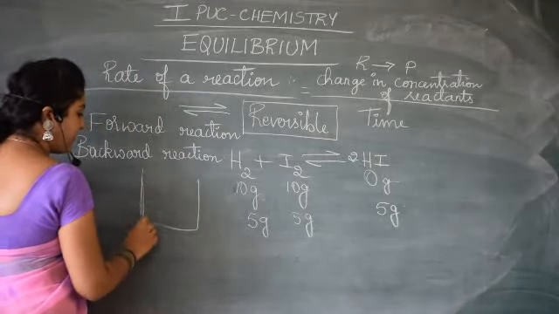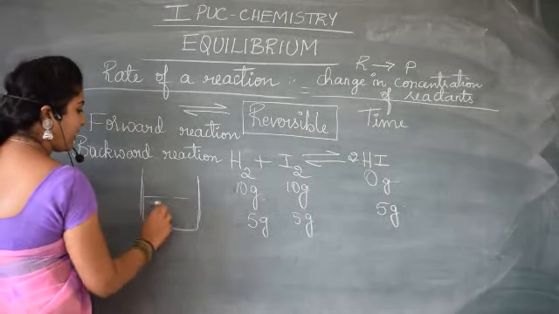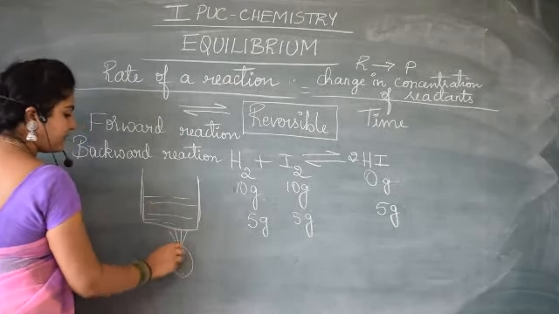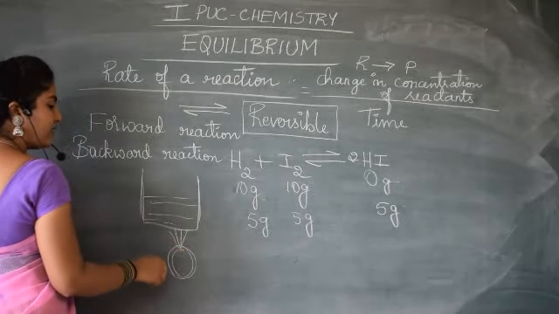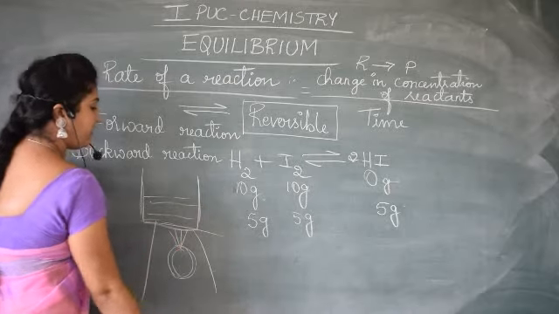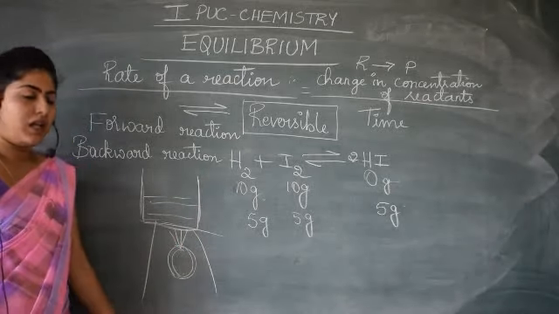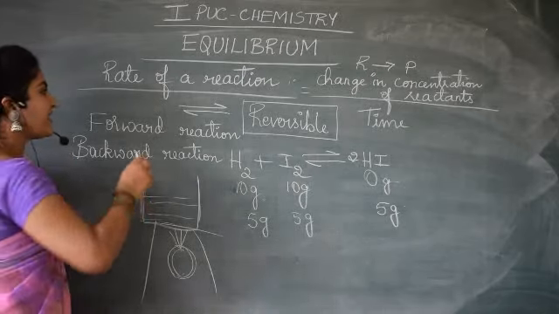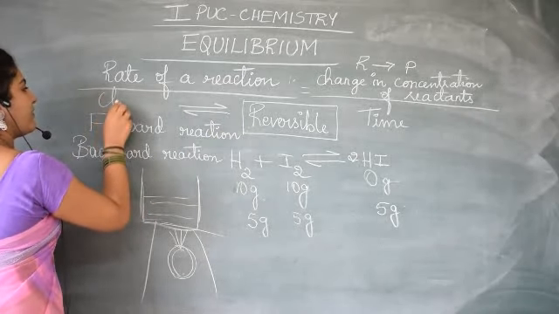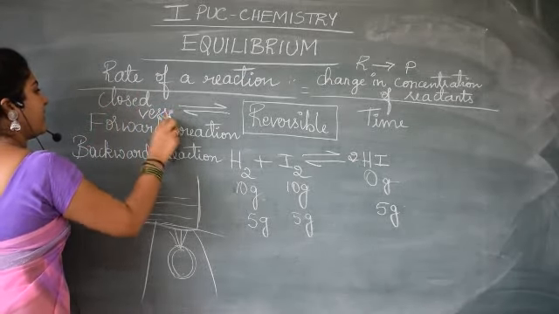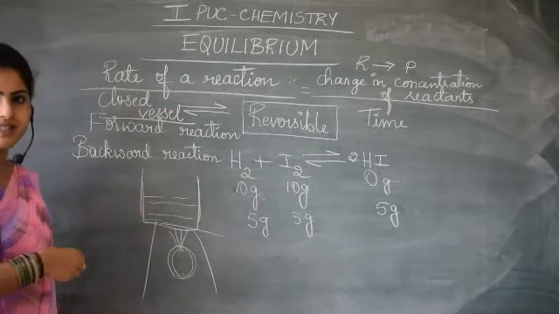If you have taken water in a beaker and you have started heating it, what is the condition here? The condition is that the reaction must be reversible and it must be carried out in a closed vessel.